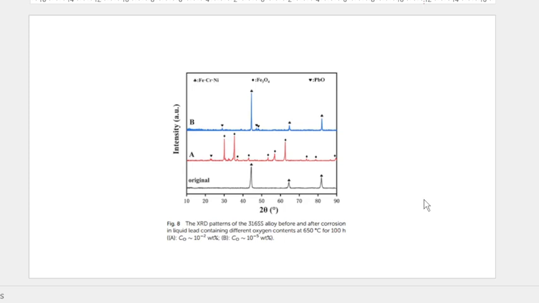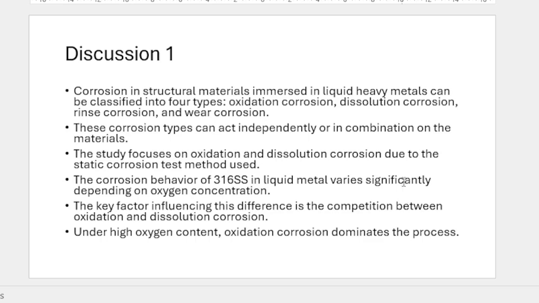However, for material B, 10 to minus 5, we can see the Fe, Cr, and Ni, and also Pb oxide formation. And we cannot observe the formation of oxide layer or magnetite.